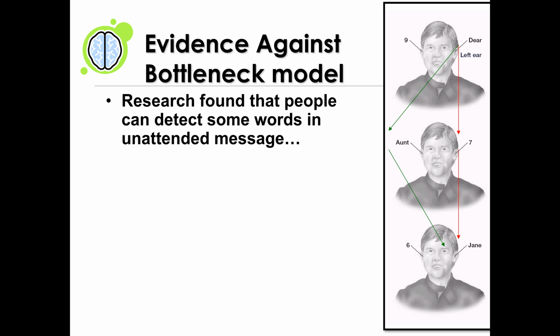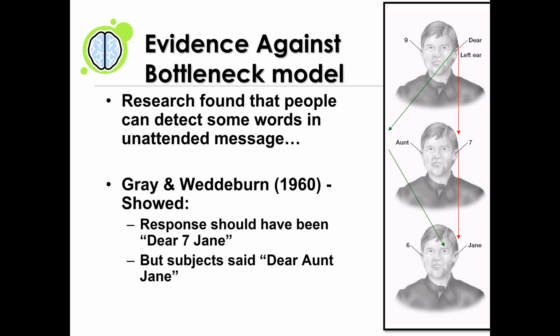Well, the interesting thing is that when these attended words change ears, researchers have found, this is Gray and Wedderburn, other researchers than Treisman, that it doesn't go Dear 7 Jane. It actually is that the participant shadowed Dear Aunt Jane.